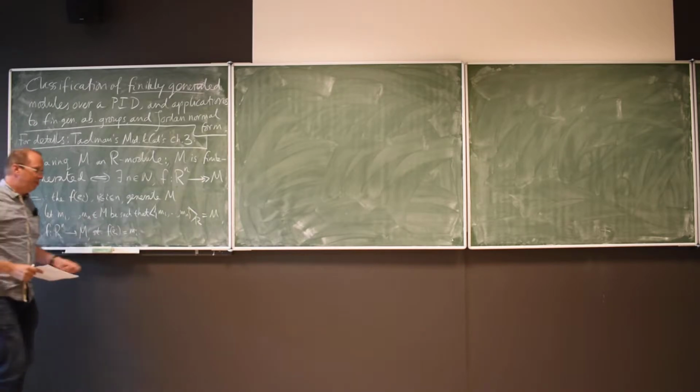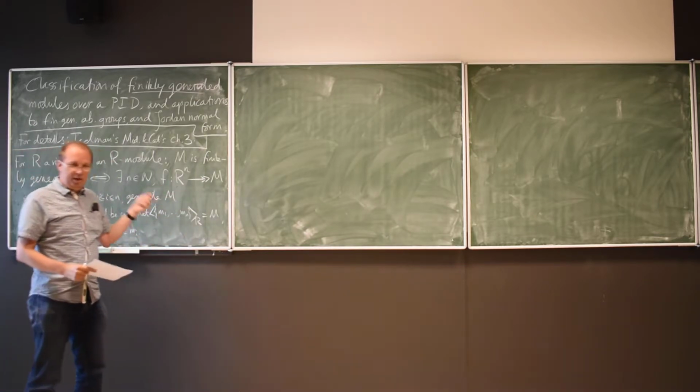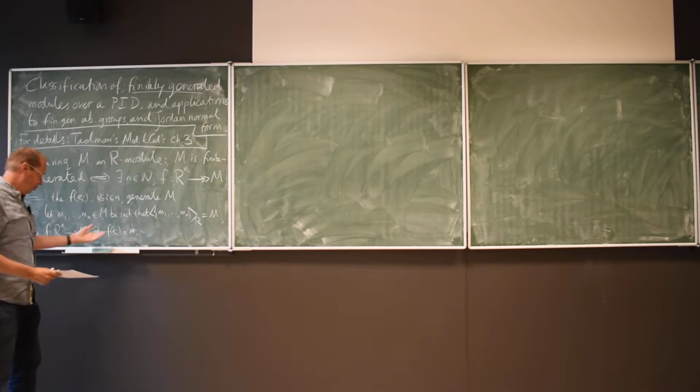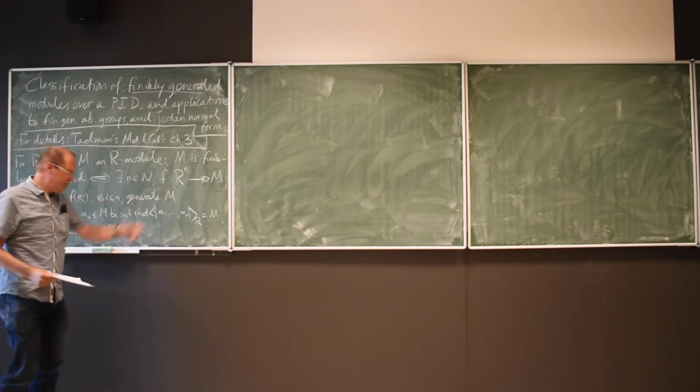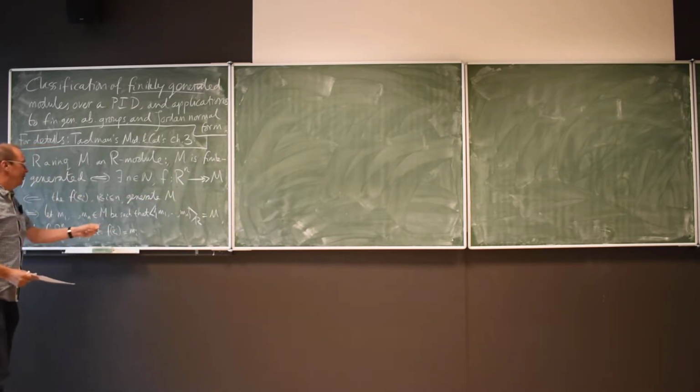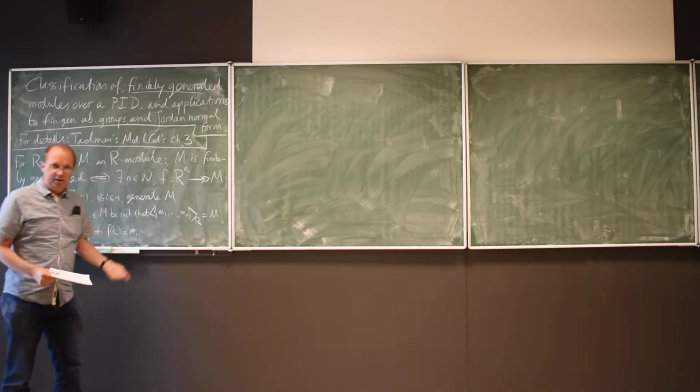To give a map from a free module is just to give the images of the basis vectors, and so this will be a surjective map because these m_i generate M, and that's it.